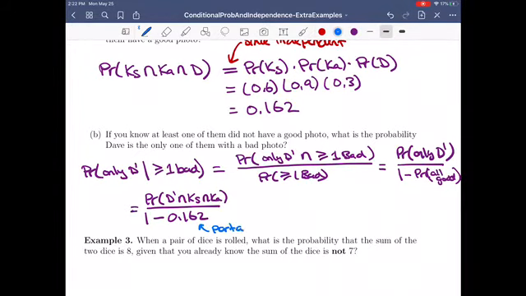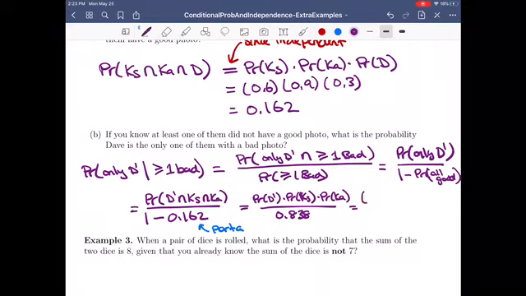Again, since they're independent, this intersection probability can be computed with multiplication. So it's the probability Dave is bad times the probability Ksenia is good times the probability Katya is good. And the bottom here is going to be 0.838. Dave not having a good photo is 1 minus 0.3, so that's 0.7.